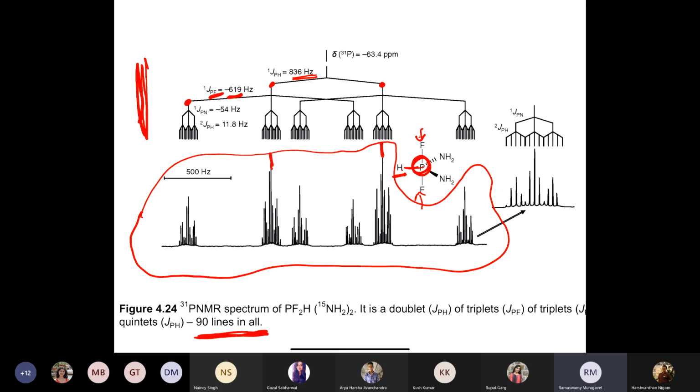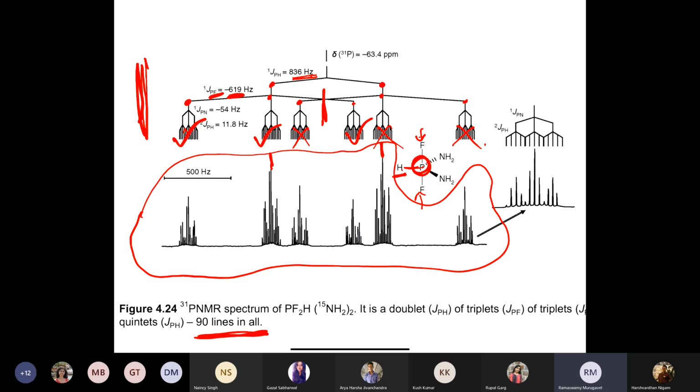So that gives you a triplet this side and a triplet this side. Since this coupling is almost to the tune of this, there is a crossing. Otherwise they would have had two separate triplets, but these two triplets cross. So this and this is one set, and this and this is another set.